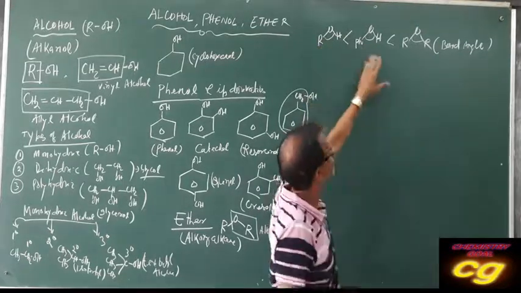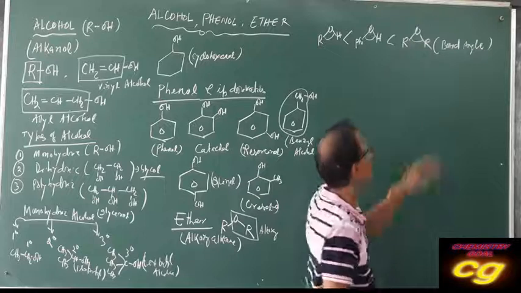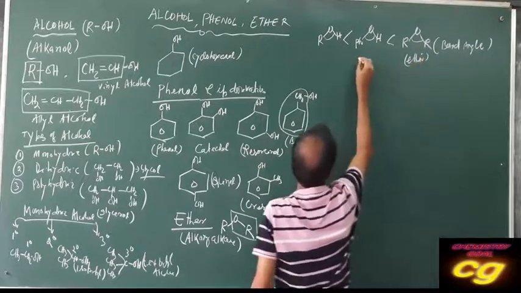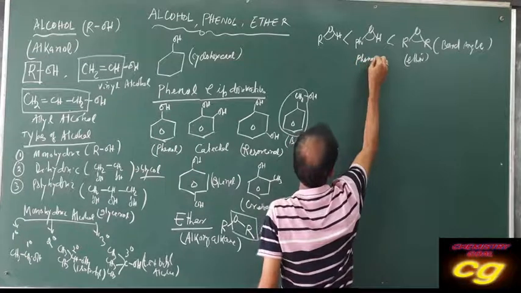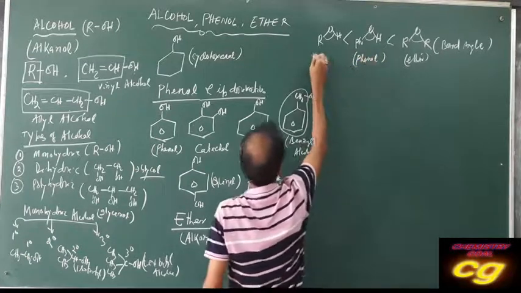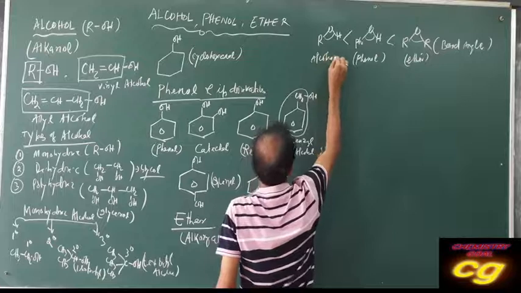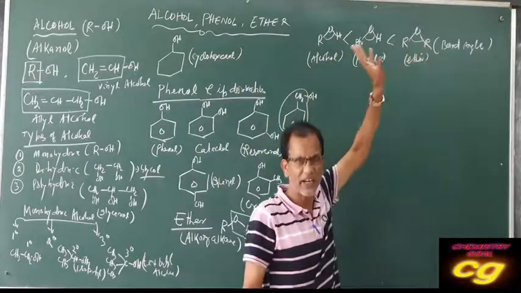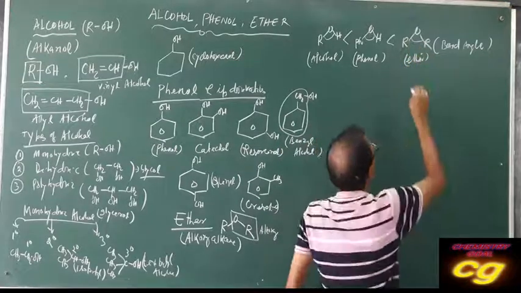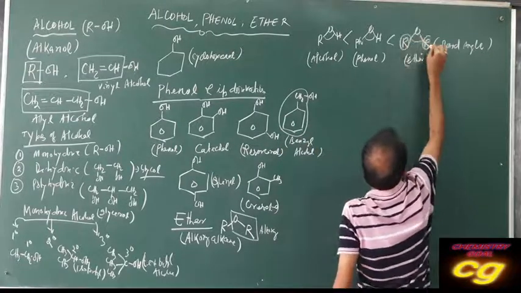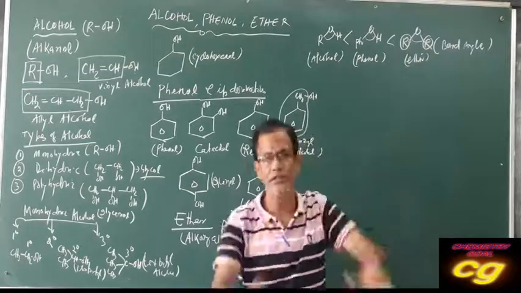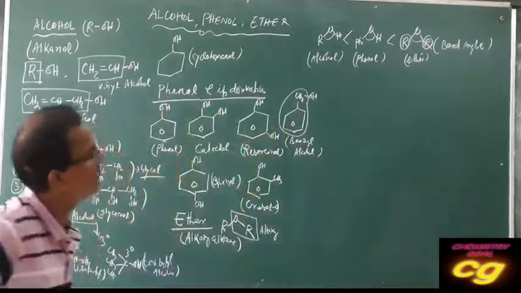If you compare these bond angles, the ether is this, this is phenol, and this is your alcohol. But why does ether have the greater bond angle? Due to the bulky R groups. Due to more repulsion between the two R groups, the bond angle increases. That's why ether has the greater bond angle.